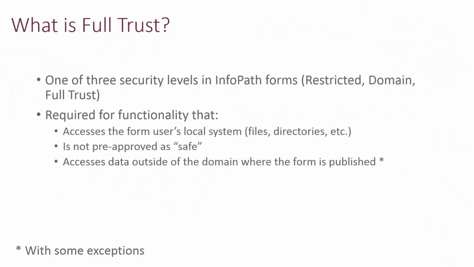Full trust is a setting you use when you require functionality that's a little bit higher risk than what's allowed by domain level security. So things like accessing the user's local system, such as their files, directories, and things like that.